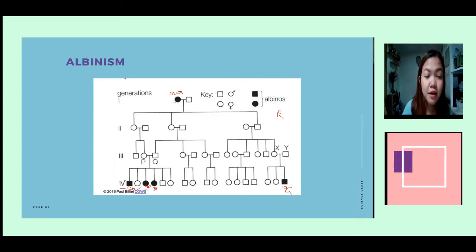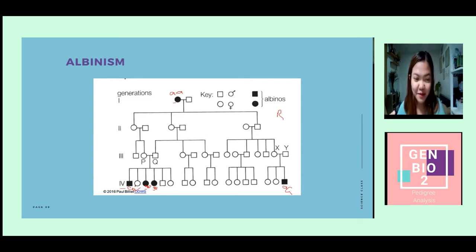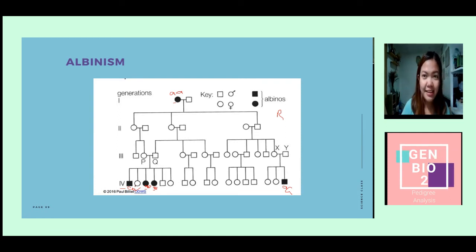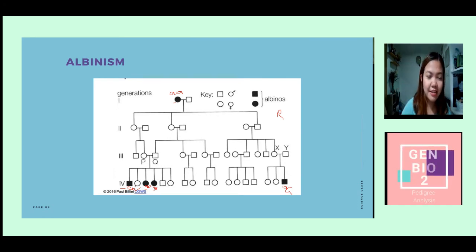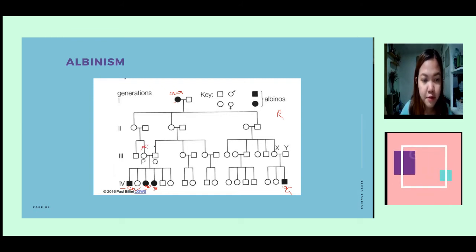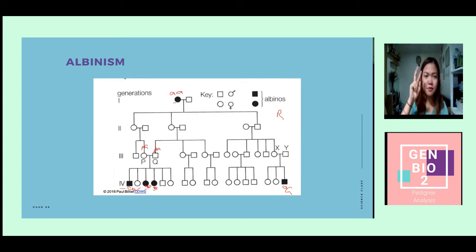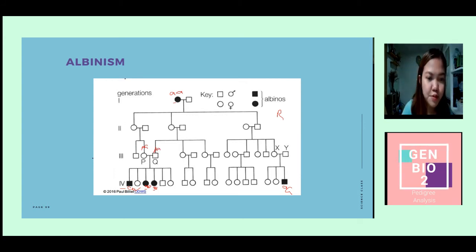So, pag mayroon kang offspring na affected, the parents hindi siya affected, so the parents might be hetero. So, bakit siya hetero? Kasi these are the genotypes na pwede mong i-cross that will give you the probability of having affected and unaffected offspring.